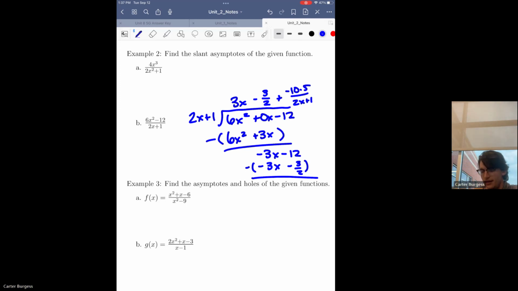Okay. Now, ultimately, our slant asymptote asks the question, what happens when x gets really, really big? And to that end, my question is, what happens to this as x gets really, really, really big?